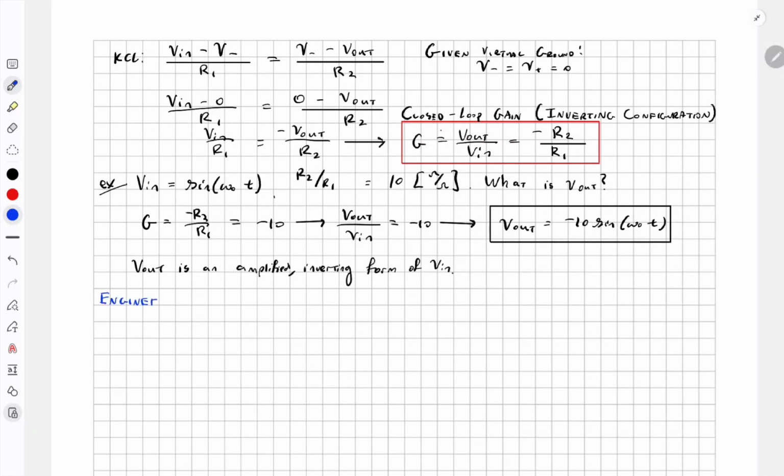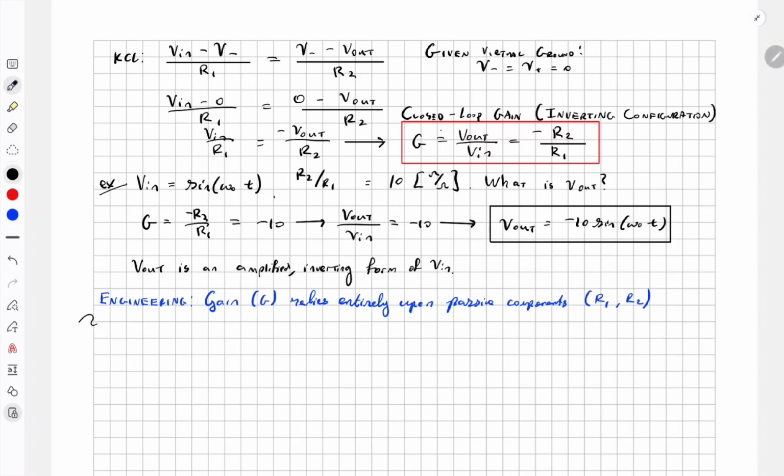Since most people are electrical engineers, one thing to consider is that the gain, G, relies entirely upon passive components, which are R1 and R2, these resistors. So by adjusting the ratio of the resistor values, you can adjust the gain, the closed loop gain to be more specific.